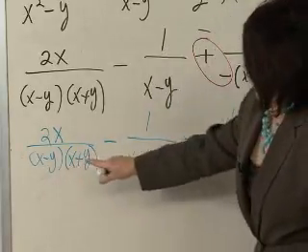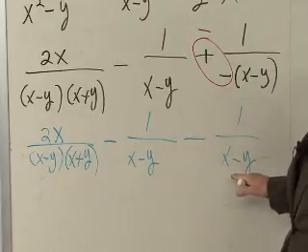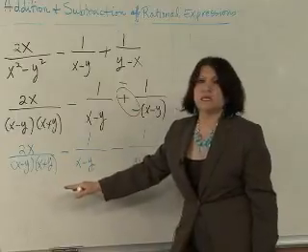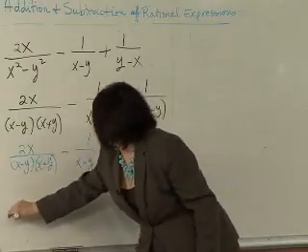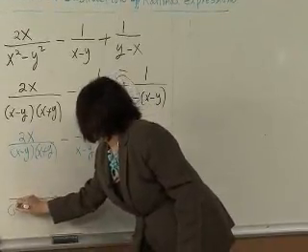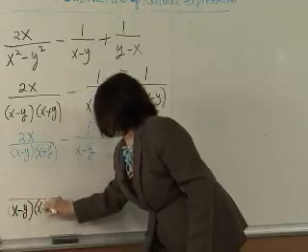So x minus y times x plus y is one denominator. x minus y is another one. And so the LCD has to contain every single denominator. So my LCD has to have x minus y times x plus y.